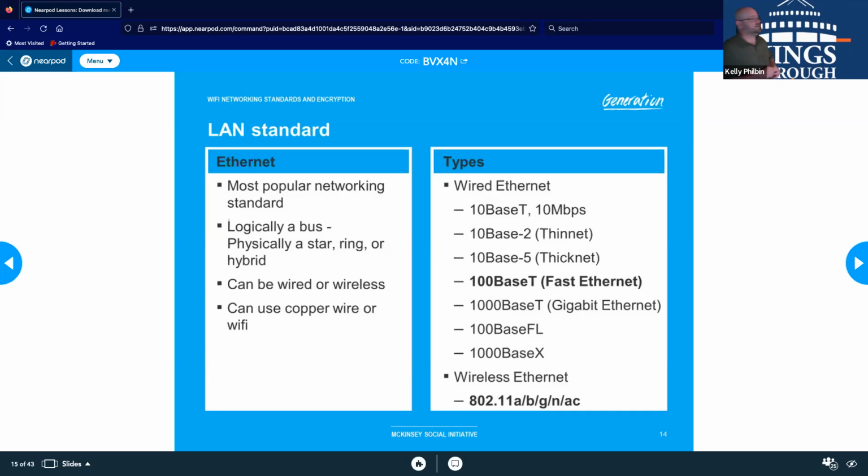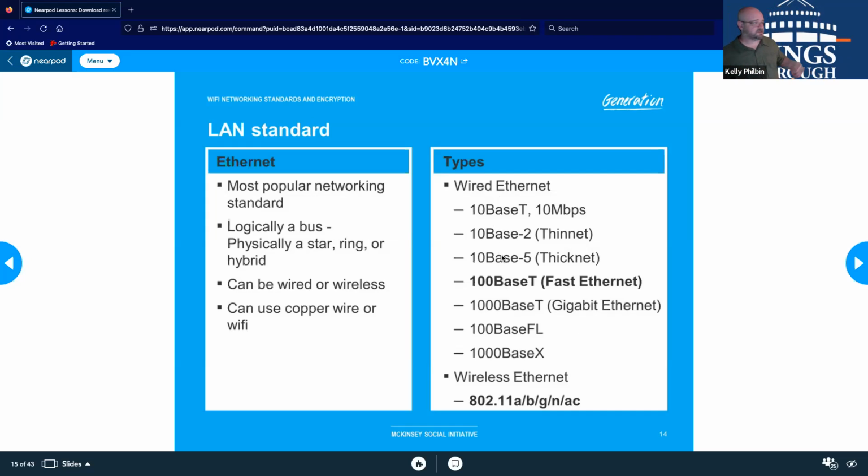Now, wired Ethernet standards. You may remember these look similar to when we were looking at fiber optics. Do you need to know all these and be intimately familiar with them? No, but you should be able to recognize them and distinguish them from the Ethernet ones. Remember how we talked about earlier, the base in the middle is just short for baseband.